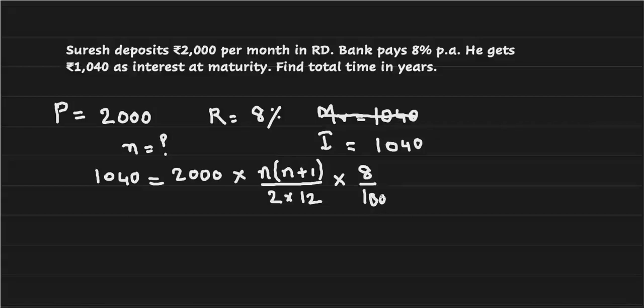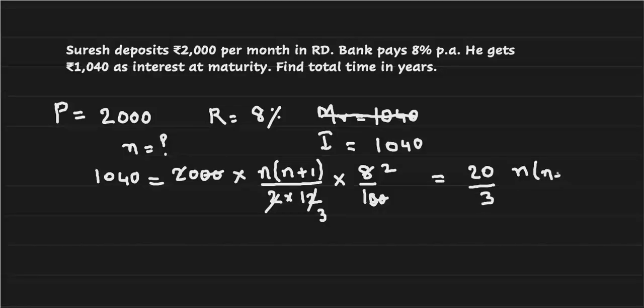Got it? So now these two zeros get cancelled, and 2 and 2 will be cancelled. 10 divided by, what is remaining here? n into n plus 1, 1040 equal to 20 divided by 3 into n plus 1.